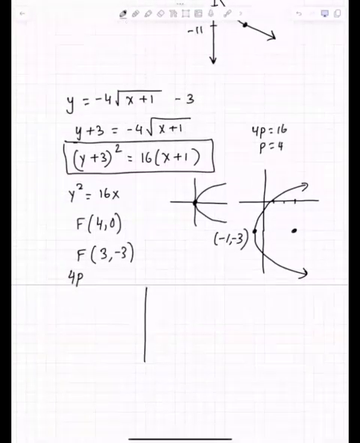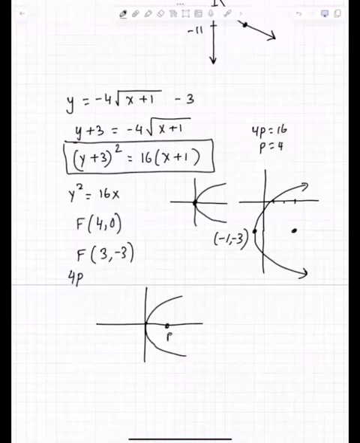Right? Because again, focal width is if you take any parabola, here's the focus, P, and we know that the distance, the vertex to the directrix is P, and vertex to the focus is also P. Okay, and now if I have this, I want to find the length of this width.